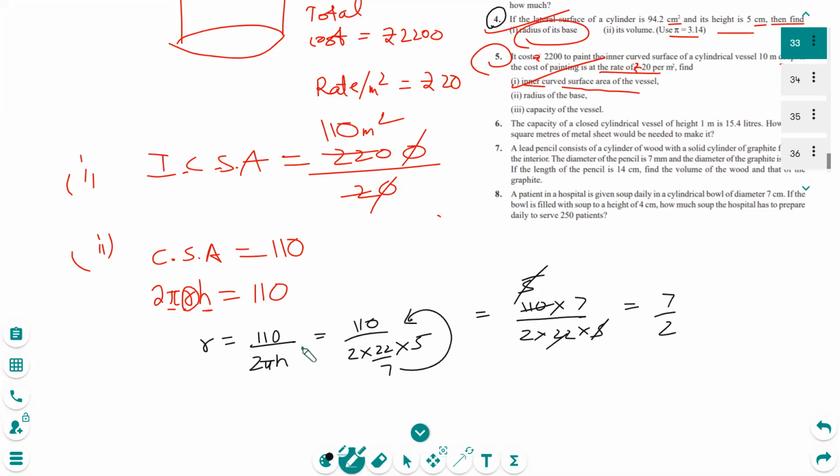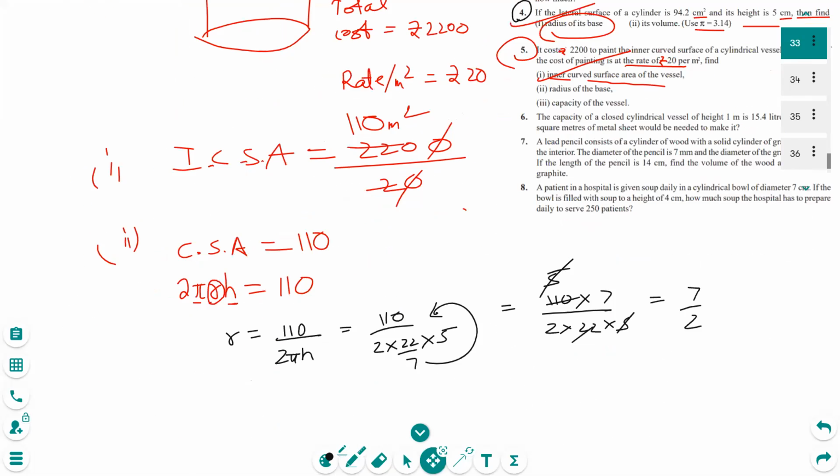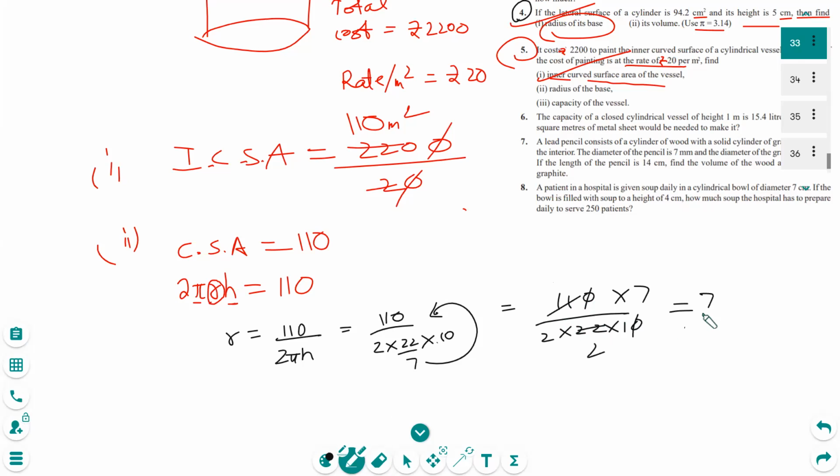I don't know, I am getting 3.5, let me check. The height is 10, brother. Oh, the height is 10, I was mistaken. Let's change the calculation. That will be 1 to 10, 2 times 22 times 10 times 7. Oh, you can just cancel the zeros. 11 times 2, 7 upon 4 gives me 1 point something. 1.75 meter. So that's my radius.